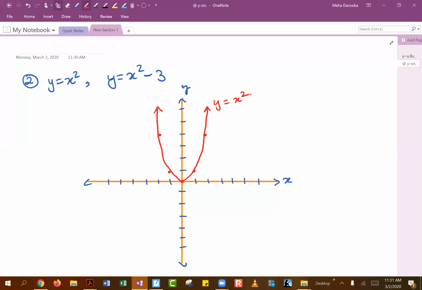Now make sure you are labeling your graph so you know which graph represents which equation. So this one here is our standard, y equals x squared. And then we've got 0, -3, 1, -2, -1, -2, and then we had 1.